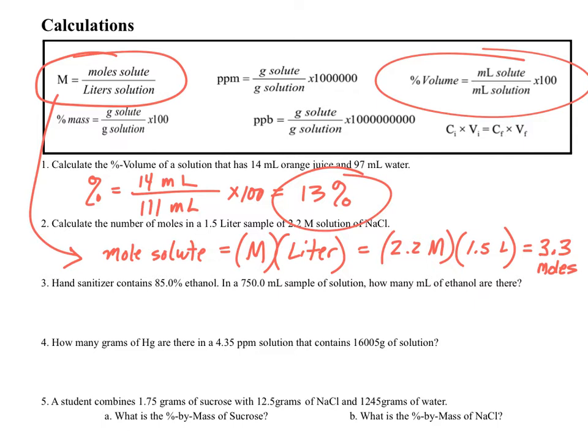Number 3, hand sanitizer contains 85% ethanol in 750 milliliters. All right, so we got a volume and a percent, so we are probably talking about percent by volume. Now, we want to know how many milliliters of ethanol there are. So ethanol is the solute. If we take that equation and solve it for milliliters of solute, we are going to get the percent multiplied times the milliliters of solution.